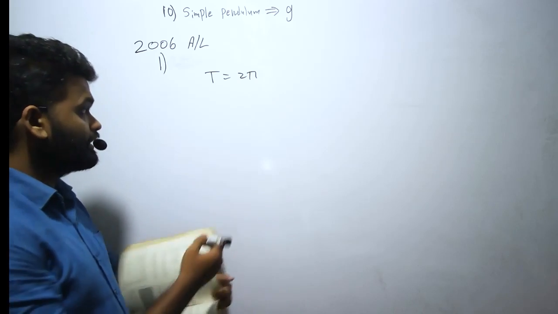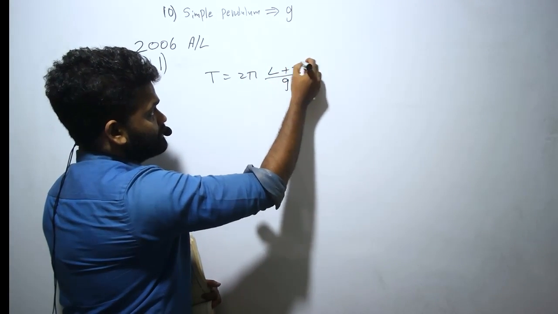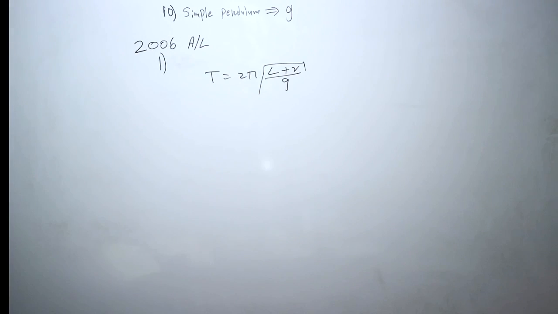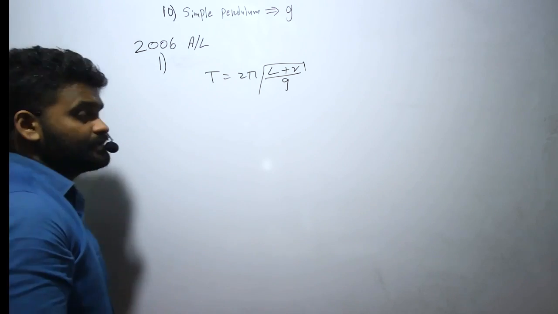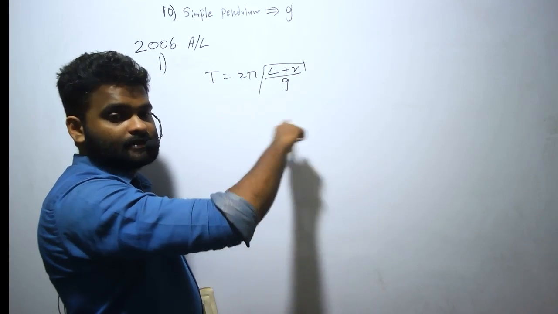So instead of L, it should be L plus R, divided by g. Actually, you have to rearrange this in the form y equals mx plus c.